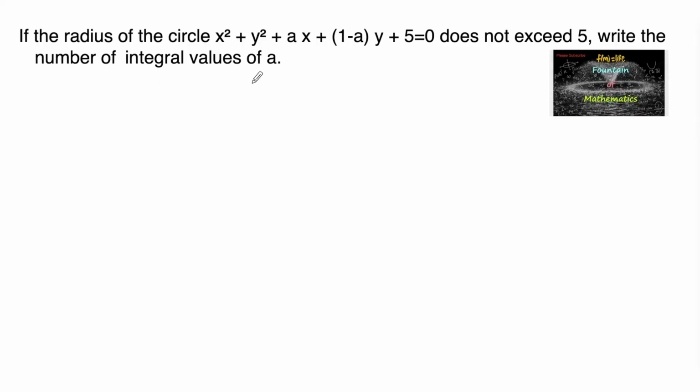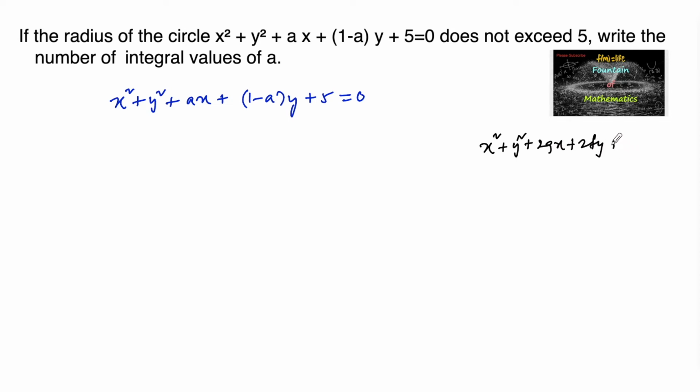If the radius of the circle x square plus y square plus ax plus 1 minus a times y plus 5 equals to 0 does not exceed 5, then write the number of integral values of a. Since we know that for the general equation x square plus y square plus 2gx plus 2fy plus c equals to 0, the radius of the circle is root over g square plus f square minus c.